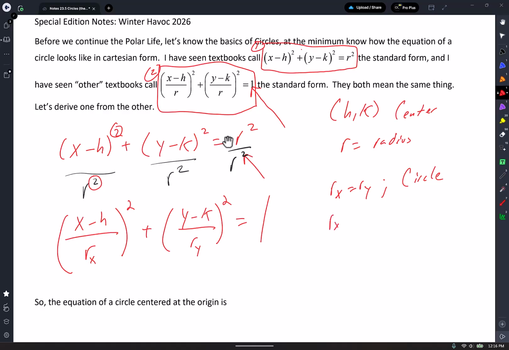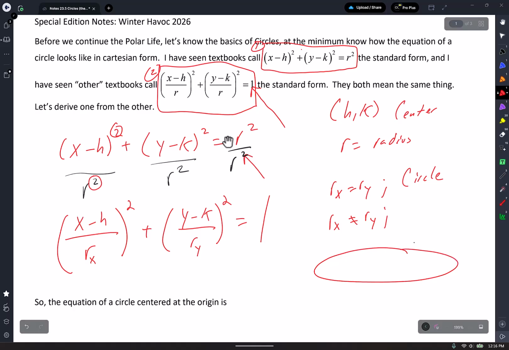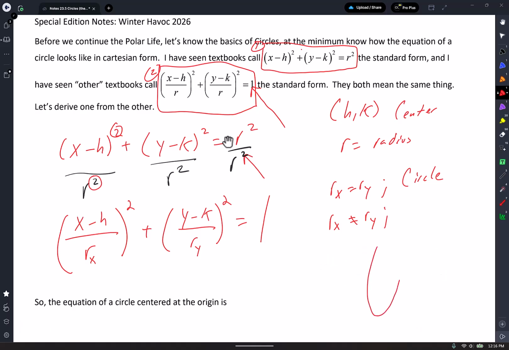But if rx does not equal ry, then we have something called a, what do you call an egg? Is there a word for something that's shaped like that? Well, I guess an oval is an okay word. Is there another word that starts with an E?